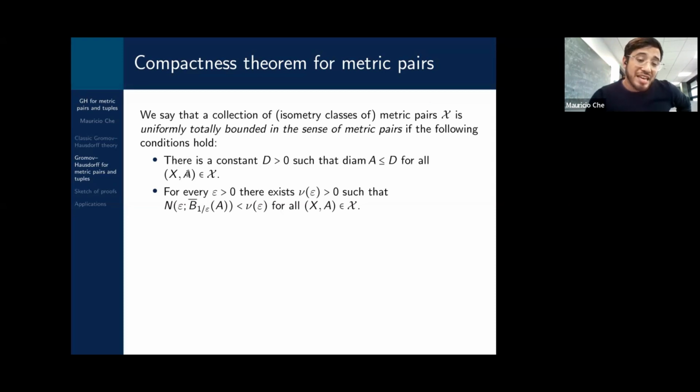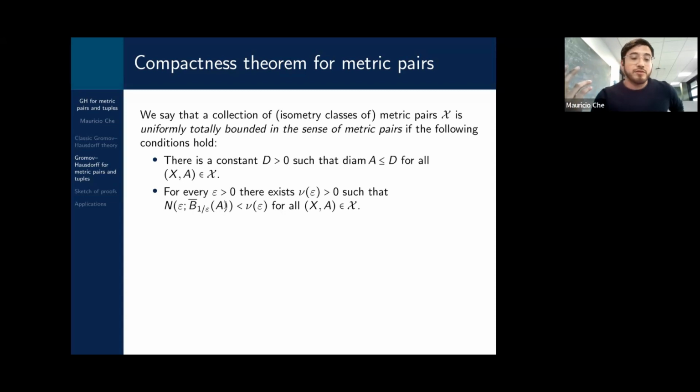if whenever we look at the distinguished set in each element of the class, the diameter of that subset is uniformly bounded over the collection, calligraphic X. And again, we look at the covering numbers, but now the covering numbers of large balls around the distinguished sets.